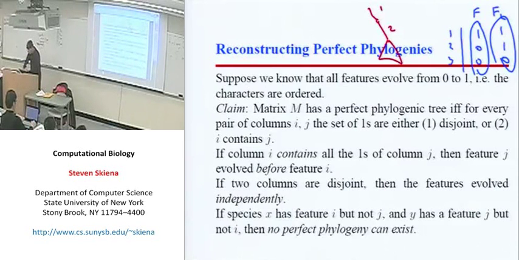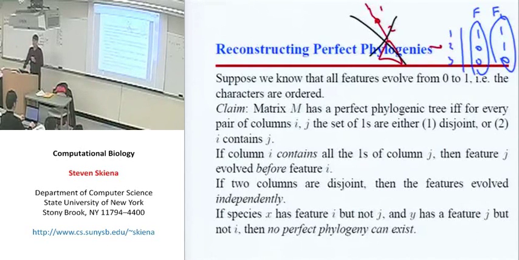Well, let's look at which evolved. Is this possible? Did feature 1 evolve before feature 2? I claim no. Because if feature 1 evolved before feature 2, how did species 2 come to have feature 2 but not feature 1? Does everybody see that? This is not what's allowed, right?